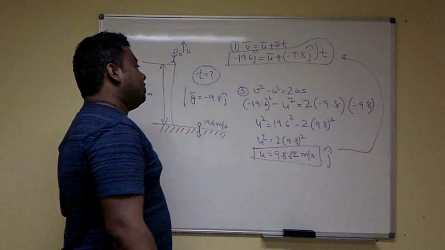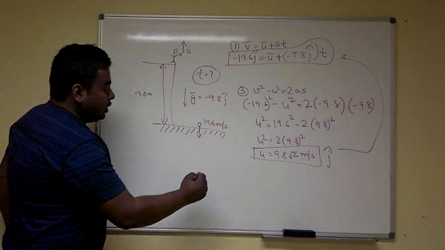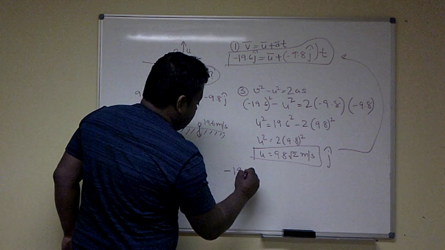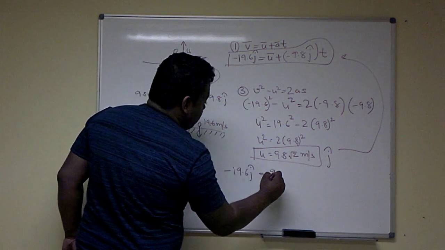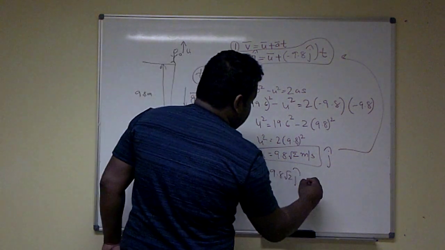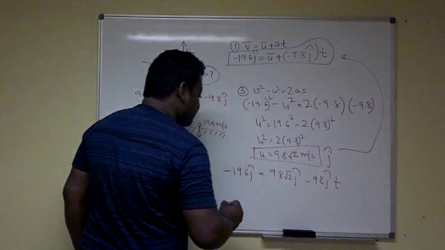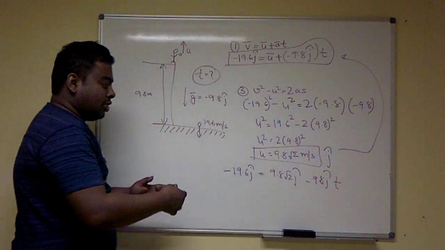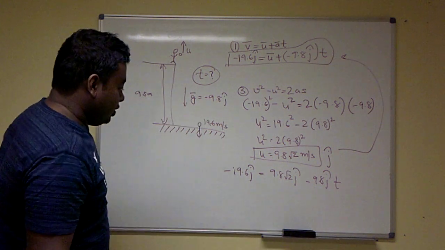And if we supply this to the first equation of motion, what do we get? We get minus 19.6 j cap is equal to 9.8 root 2 positive j cap minus 9.8 j cap times t. You can take out the j cap because everything is in the j cap direction only, with their signs.